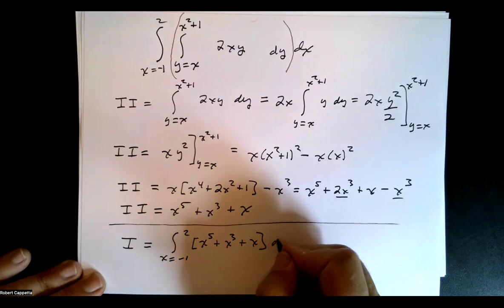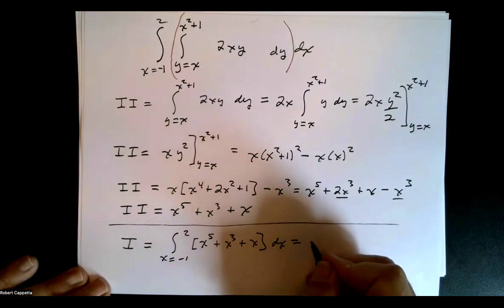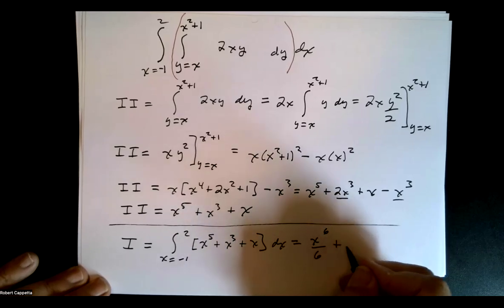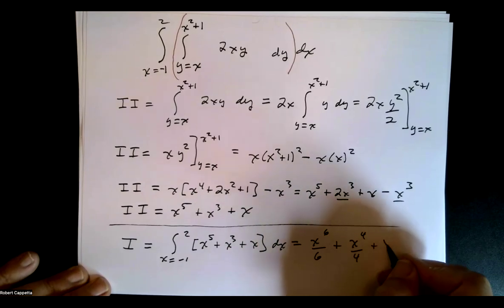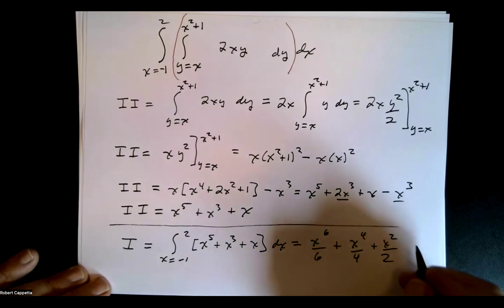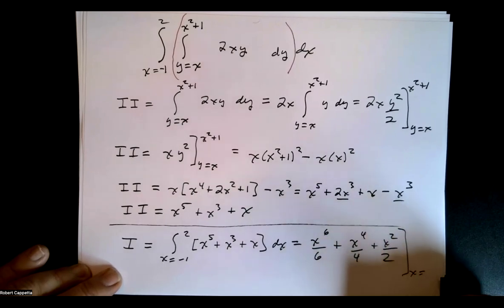You'll notice that we have the dx here. So my antiderivative for this is x to the sixth over 6 plus x to the fourth over 4 plus x squared over 2, evaluated as x goes from -1 to 2.